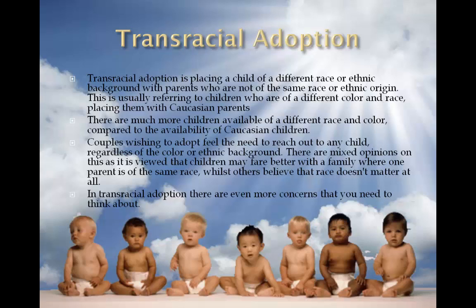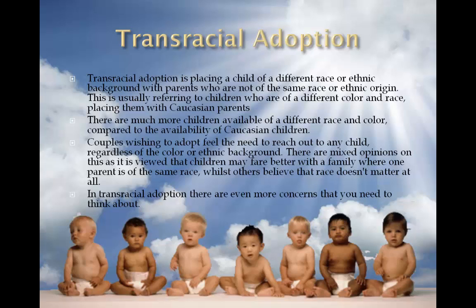18. Transracial adoption. Transracial adoption is placing a child of a different race or ethnic background with parents who are not of the same race or ethnic origin. This is usually referring to children who are of a different color and race, placing them with Caucasian parents. There are much more children available of a different race and color, compared to the availability of Caucasian children.